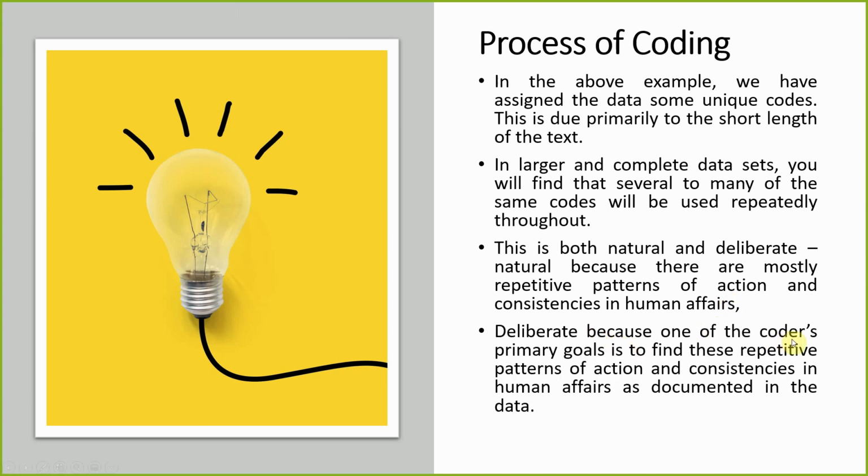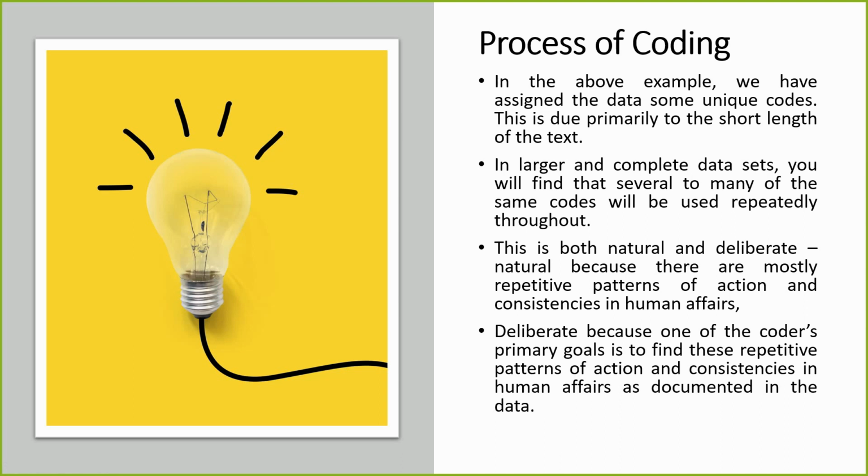Deliberate because one of the coder's primary goals is to find these repetitive patterns of actions. And why do you want to find these repetitive patterns? Because when you are discussing your findings, you will talk about these repetitive patterns. You will say that respondent A complimented respondent B, or respondents A, B, and C actually talked about this issue.